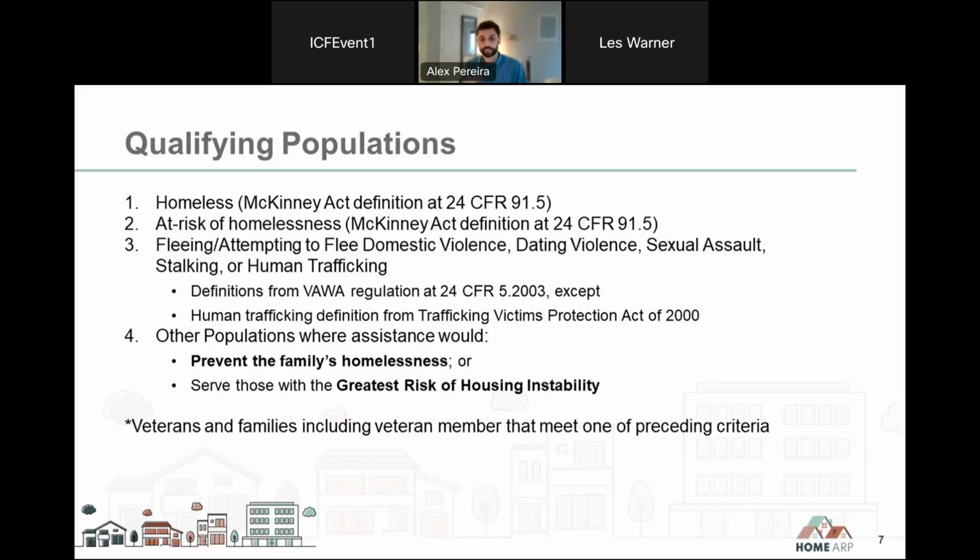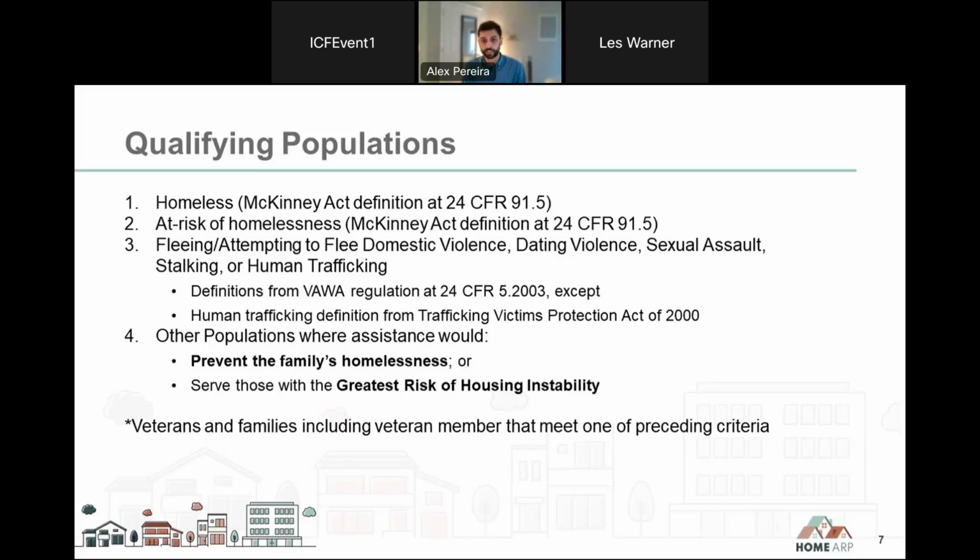So that's the first way that a household can fall under the second group of QP number 4. Then secondly are those households that are no more than 50% of AMI, but also meet one of the criteria listed under QP number 2, so at risk of homelessness. So essentially, they're folks that are no more than 50% AMI, but are also at risk of homelessness under the definition of QP number 2.